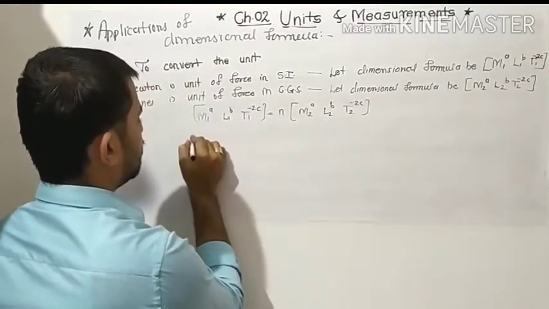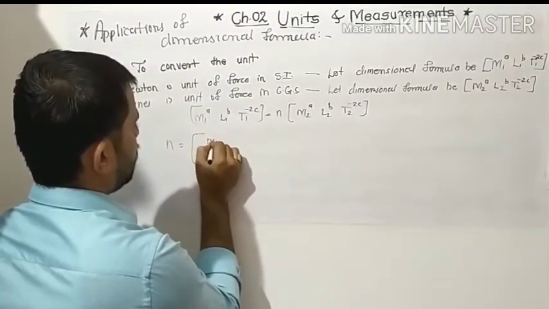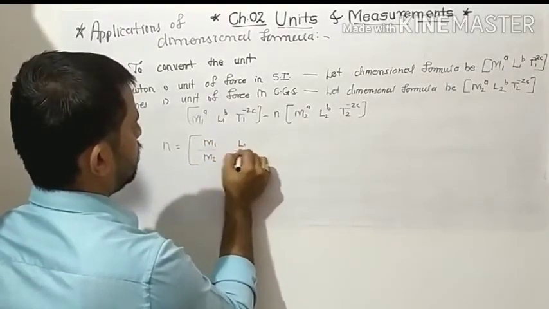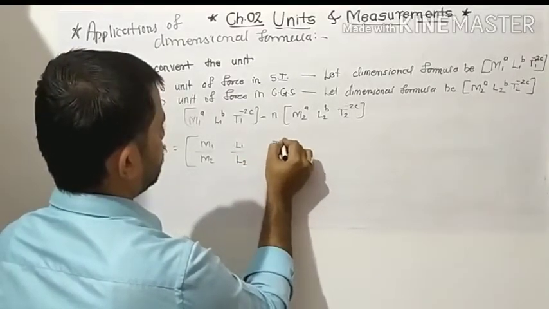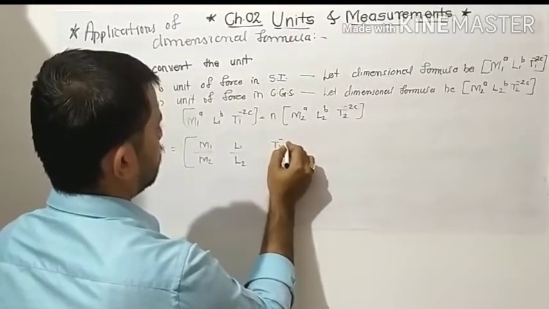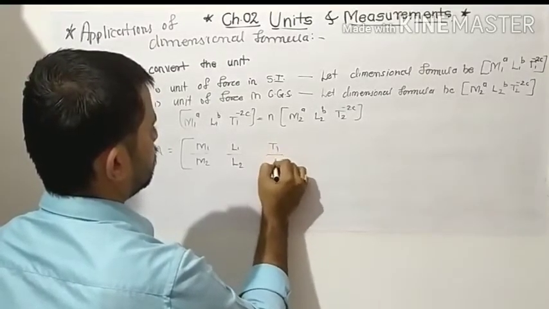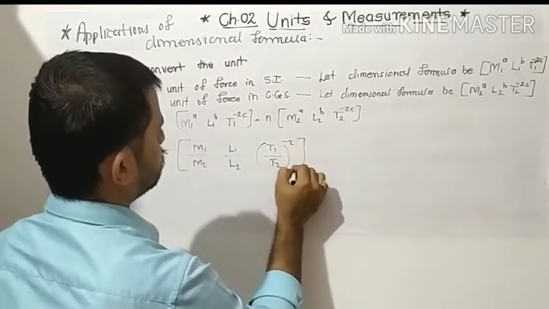So what is the n here? n is equal to M1 upon M2, L1 upon L2, and T1 upon T2 raised to minus 2.